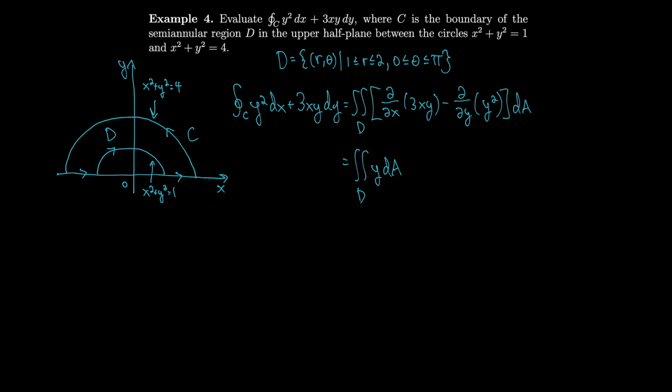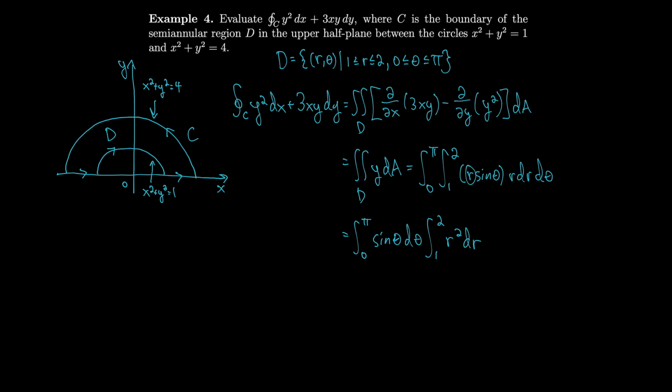Beautiful. So that means in polar coordinates, that'll be the integral from 0 to pi for theta, 1 to 2 for r, of y is r sine theta, and then dA is r dr d theta. And that'll be the integral from 0 to pi of sine of theta, times the integral from 1 to 2 of r squared dr. It's got an r there and an r there.